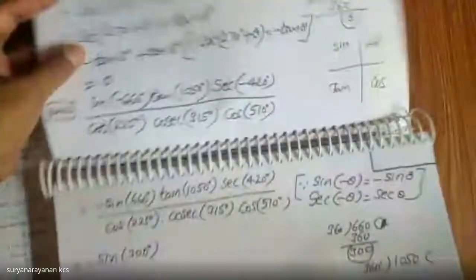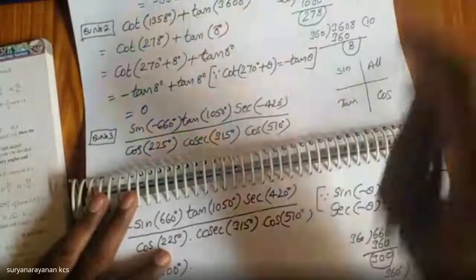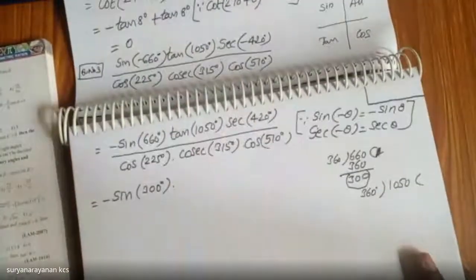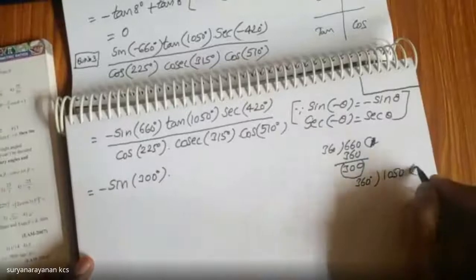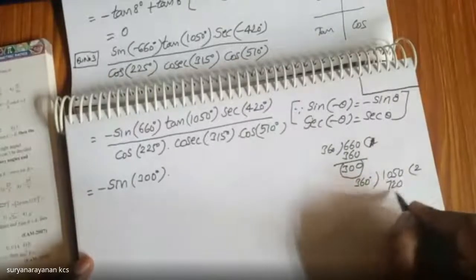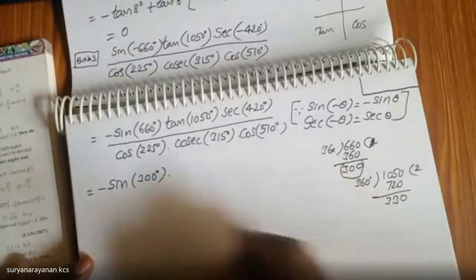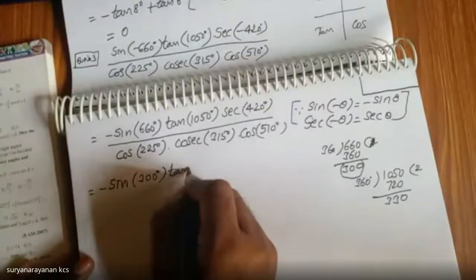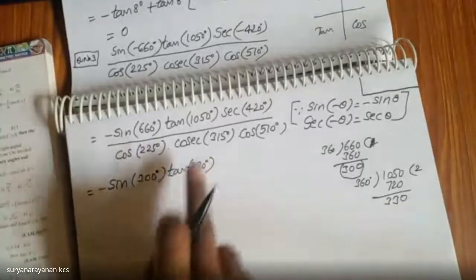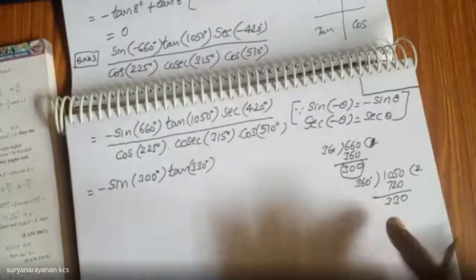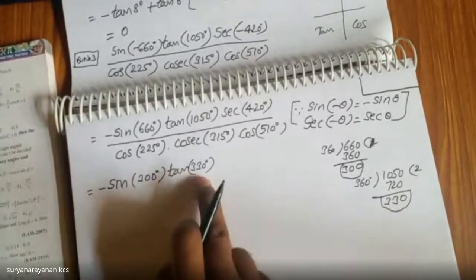Previously also I wrote the table: 360 three times, 360 four times. Two times, sir. Two times only. 720. What will you get here? Tan 330 degrees. In the place of 1050 degrees, we can write 330 degrees. Whatever remainder you get here, write that one.